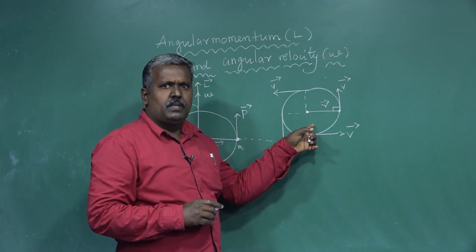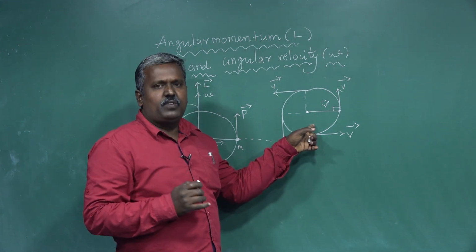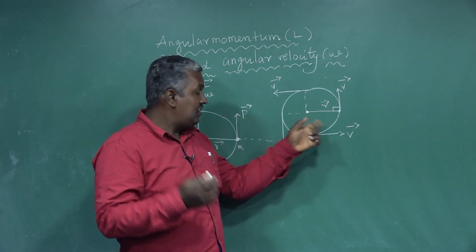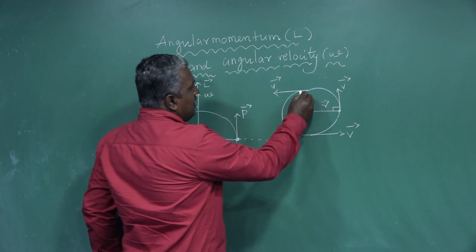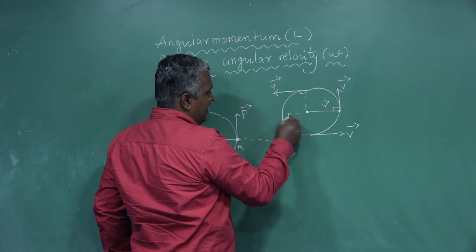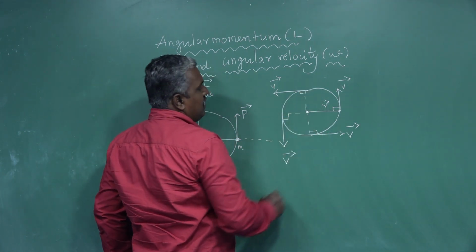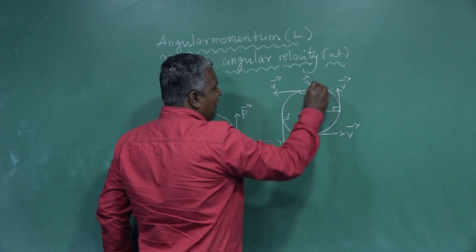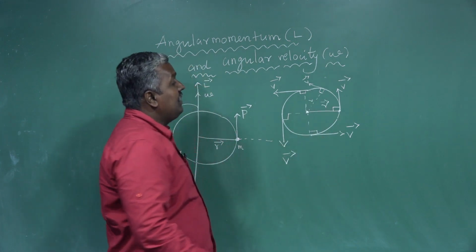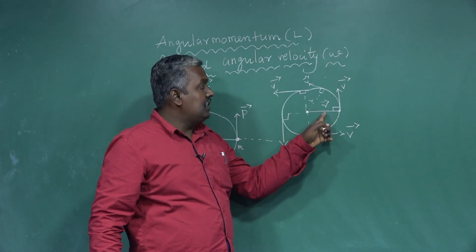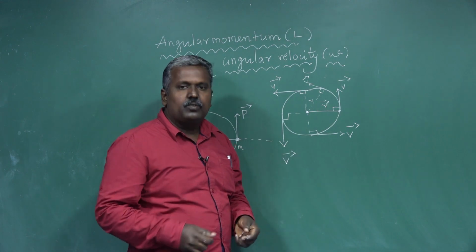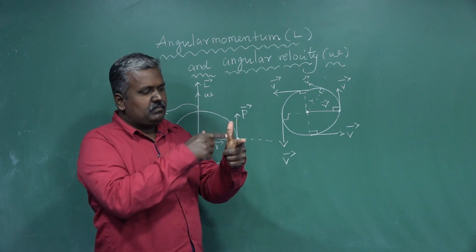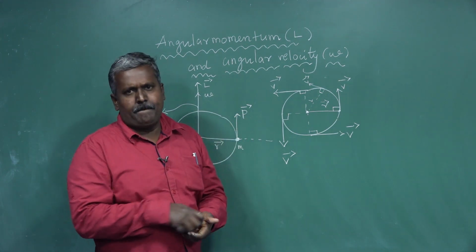Simplest concept. 90 degree. Here also 90 degree. Here also 90 degree. So always the angle between the linear velocity and the radius vector is compulsorily perpendicular to each other, like this.